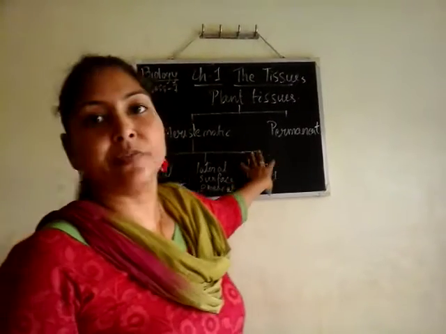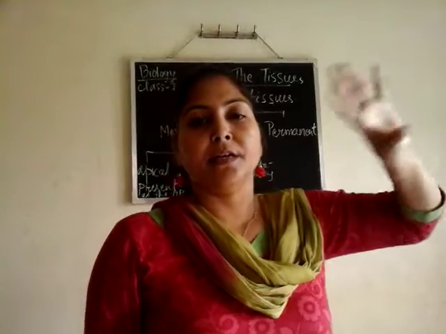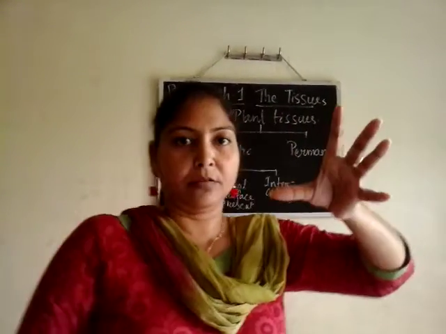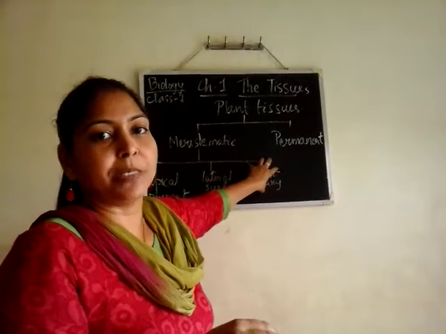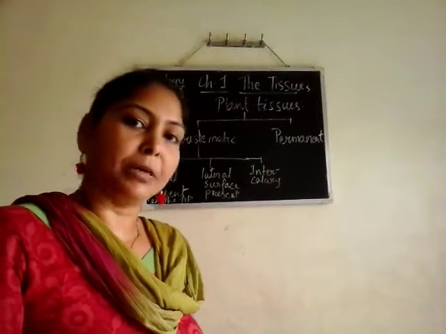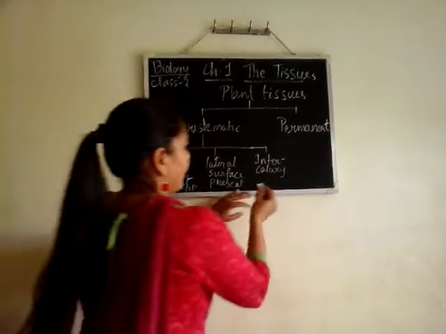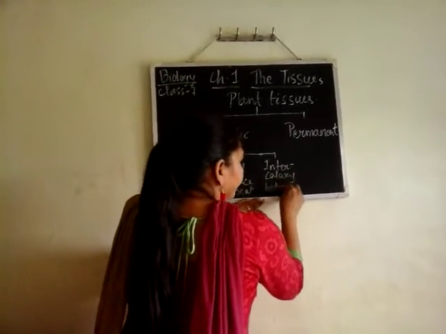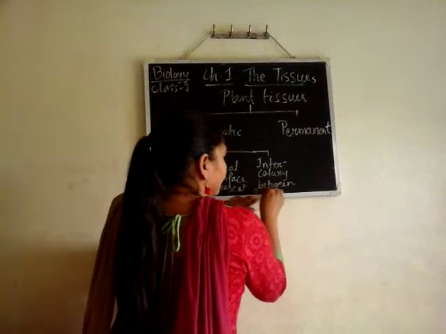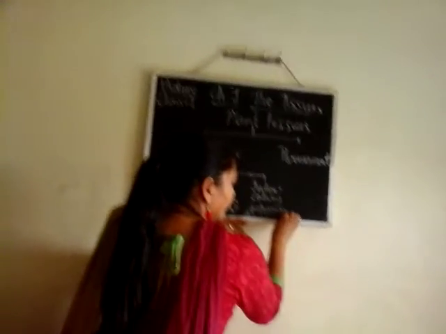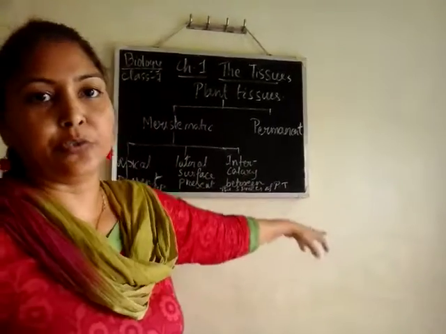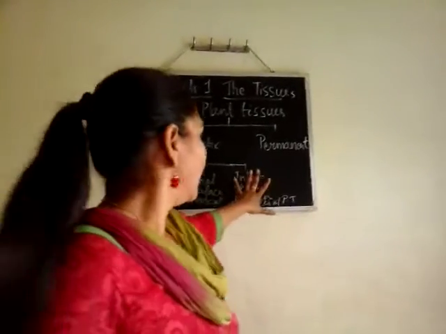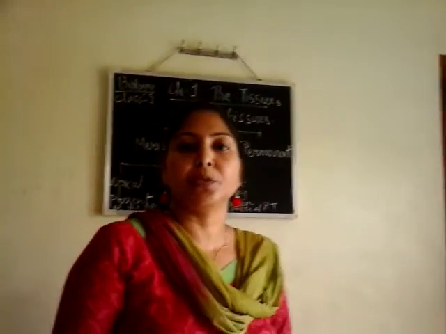In permanent tissues there are certain spaces. This type of tissue will be present in between the spaces of the permanent tissues. I am writing permanent tissues. So intercalary tissues will be present between the spaces of permanent tissues, right?